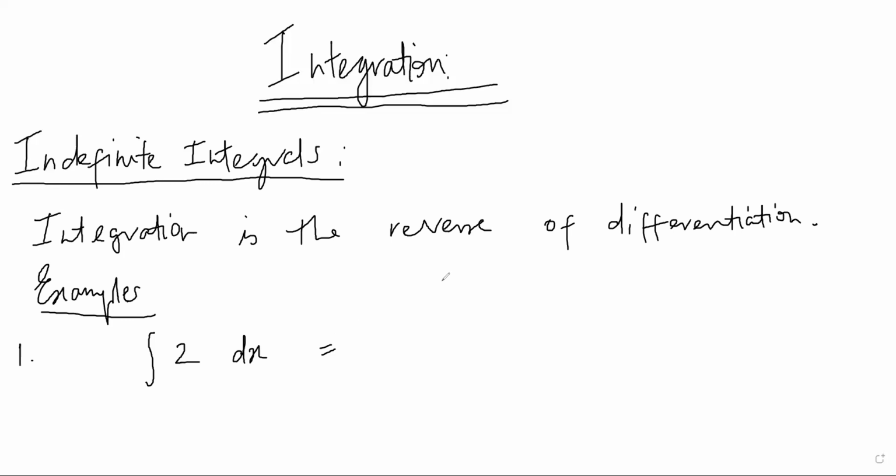Now, we said that integration is the reverse of differentiation. So if we're calculating the integral of the number 2 with respect to x, we mean that we're looking for the function that we differentiate in order to get 2.